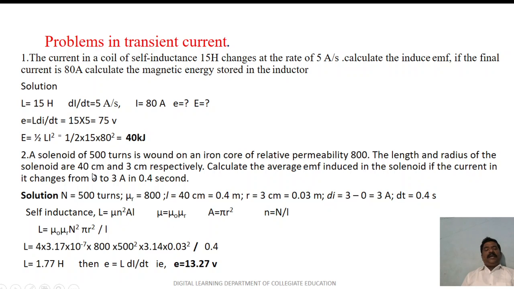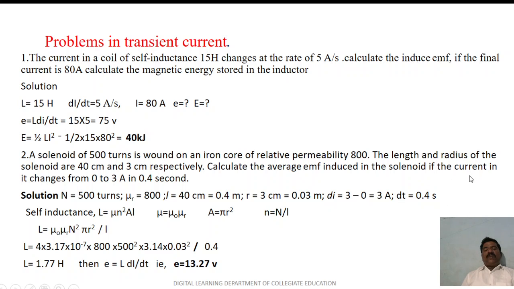So, given N is equal to 500 turns, mu r is 800, length of the coil is 40 cm and radius of the coil is 3 cm. 40 cm can be written as 0.4 meter and 3 centimeters as 0.03 meters.